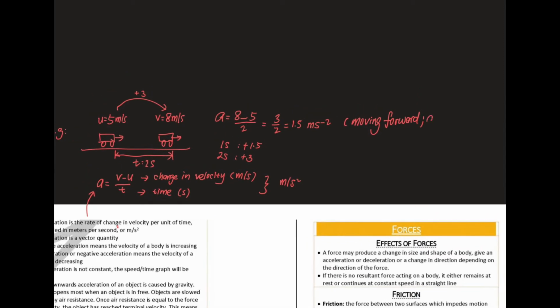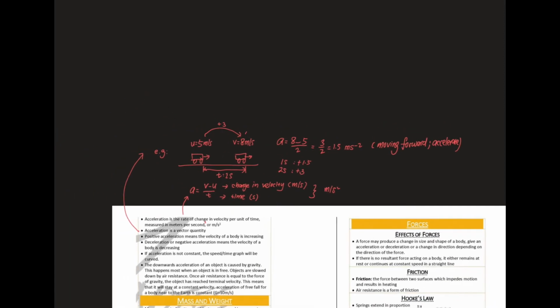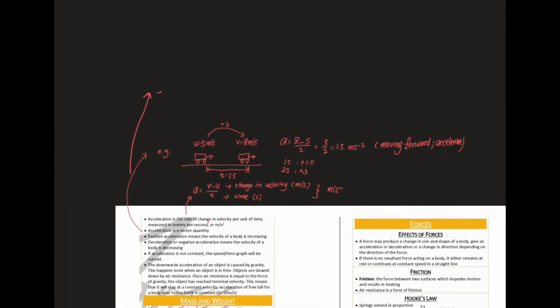Okay, now I give you another example. The second example: let's say I put a trolley again, U equal to 5 meter per second, slowing down to V equal to 3 meter per second, and let's say this happened in 2 seconds or so. So we count A. The direction of motion is to the right.